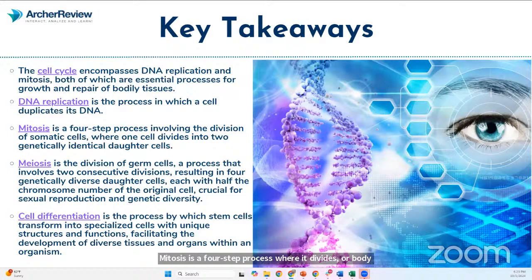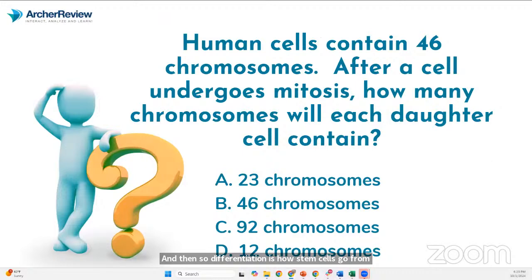Meiosis divides sex cells through 2 divisions, resulting in 4 genetically diverse daughter cells, and those are for sex cells only. And then cell differentiation is how stem cells go from being just a normal cell to being a nerve cell or a red blood cell or something like that.